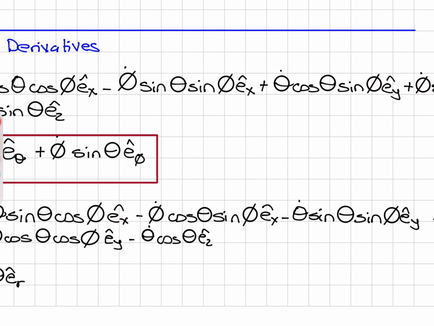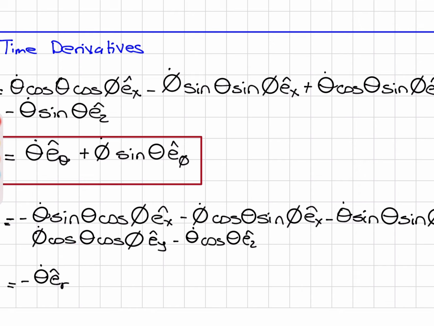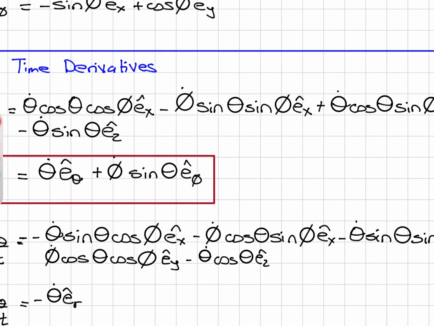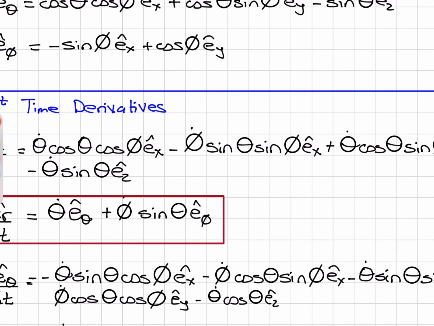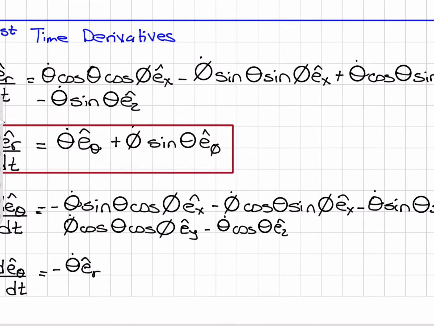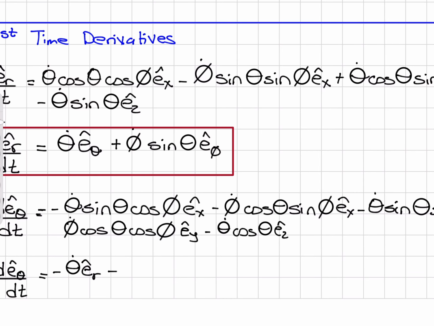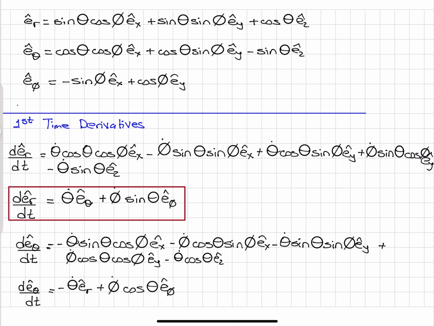Here is a phi dot cosine phi, here is a phi dot cosine phi. So phi dot cosine theta parentheses, I will have minus sine phi ex hat plus cosine phi ey hat, which is e phi hat. So this is going to give me plus phi dot cosine theta parentheses e phi hat. So that's the first time derivative of e theta hat.